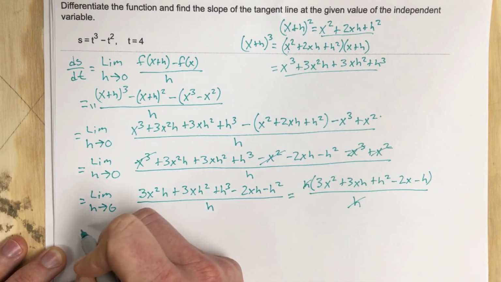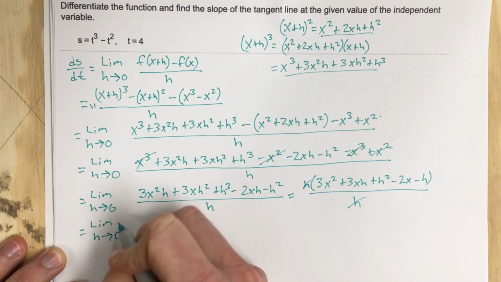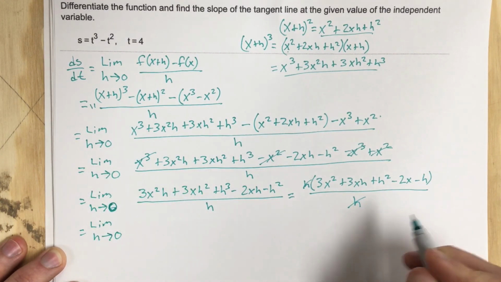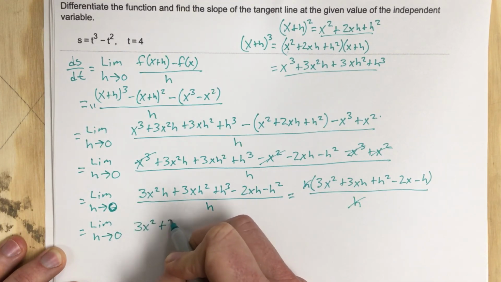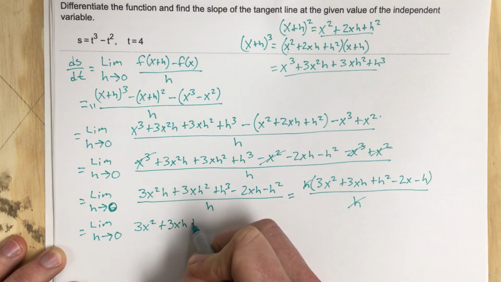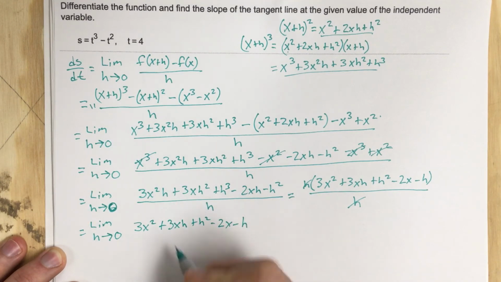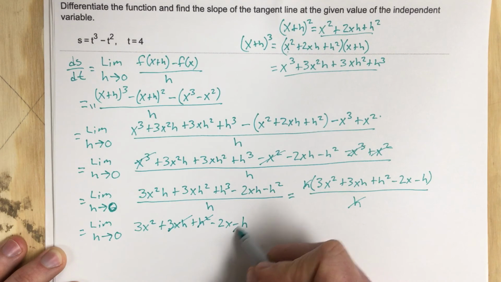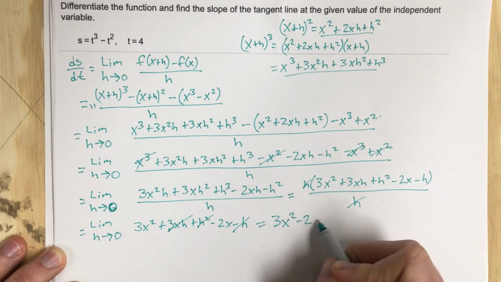H's cancel, and we get limit as h approaches 0 of 3x squared plus 3xh plus h squared minus 2x minus h, and you'll see the h value will cancel when we plug in 0. This will cancel, leaving you with 3x squared minus 2x.